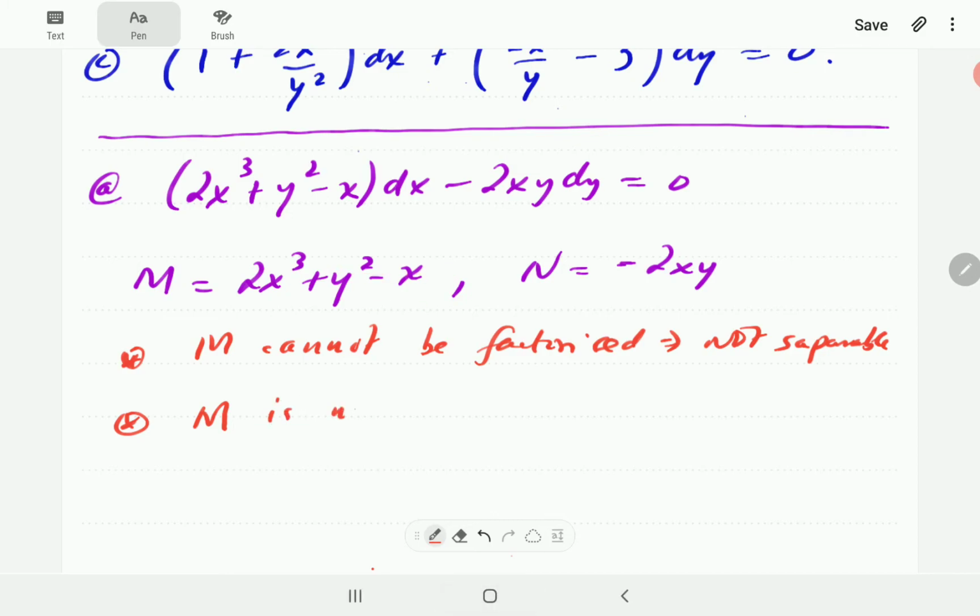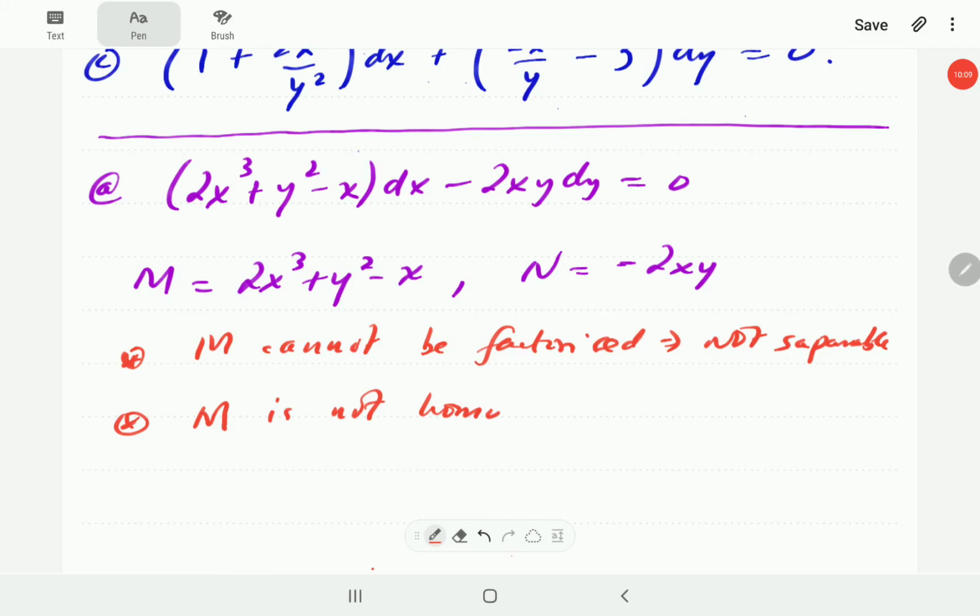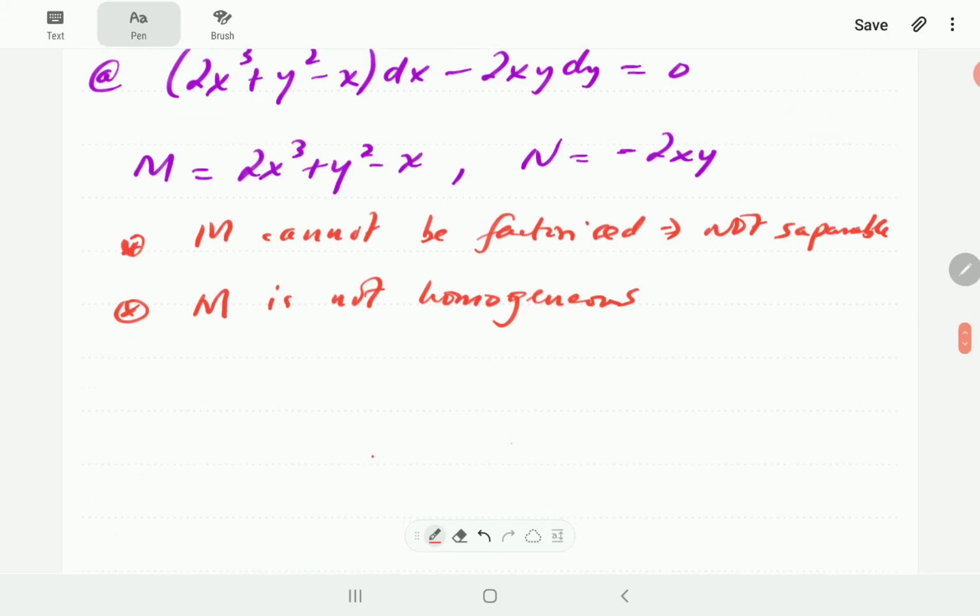So M is not homogeneous, so that means this equation is not homogeneous.